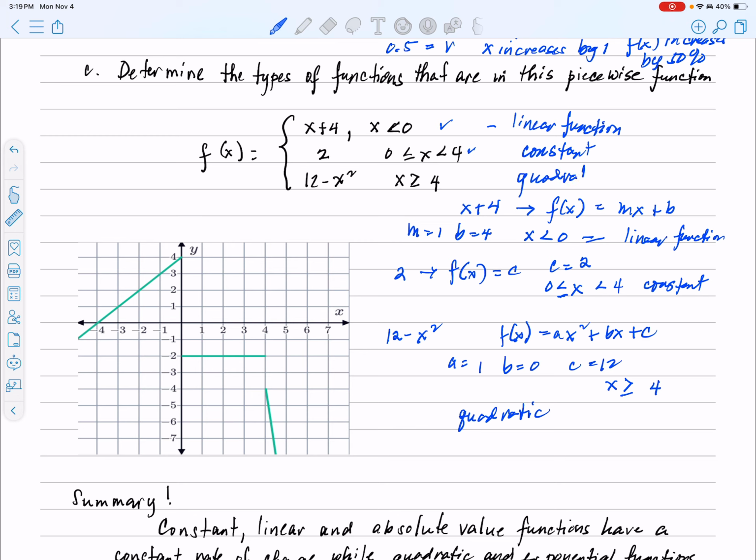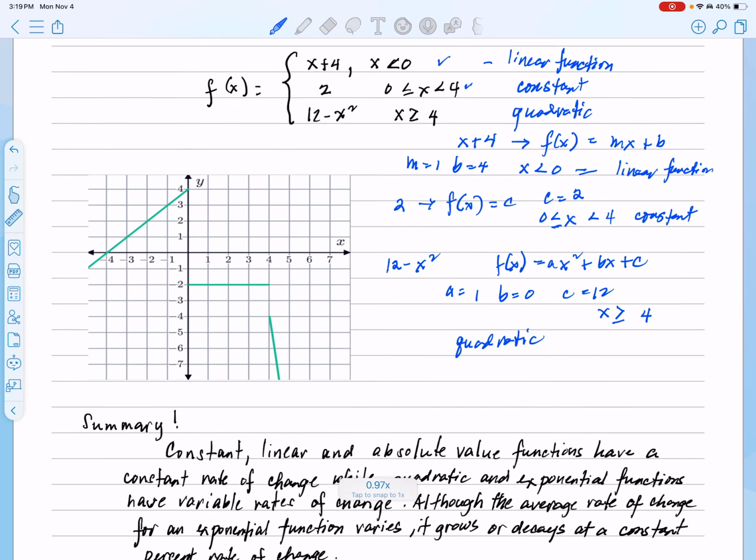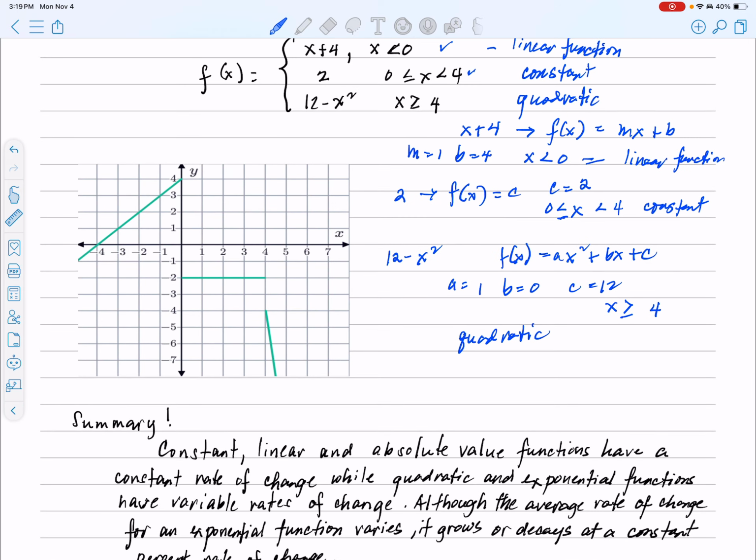Okay, so if you want to check and see how the graph goes, if you look at the graph on the left side here, we may have mistakenly, by looking at the graph, classified the function. Note that the linear function could look like an absolute value function.